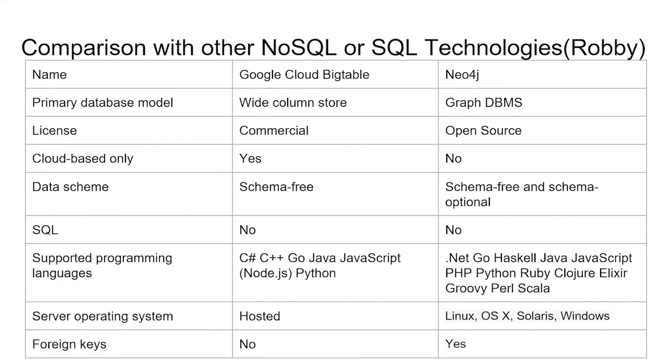Neo4j requires Linux, OS X, Solaris, or Windows. Google Cloud Bigtable doesn't support foreign keys. For Neo4j, nodes and relationships are the essential constituents of graph databases, so Neo4j supports foreign keys.